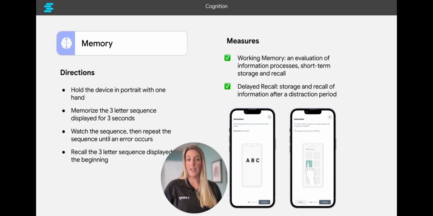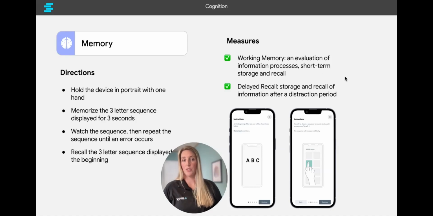And then last is our memory test. So there's a working memory and a delayed recall portion of this test. 3 letters will pop up on the screen initially. They're asked to memorize those letters. And then they'll do a working memory portion where they play a Simon Says game. They have to repeat the pattern that they see of those squares. Once they fail the pattern of the squares, then they're asked to recall what those 3 letters were that they initially saw.